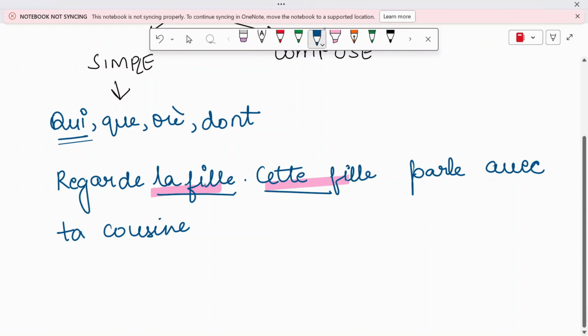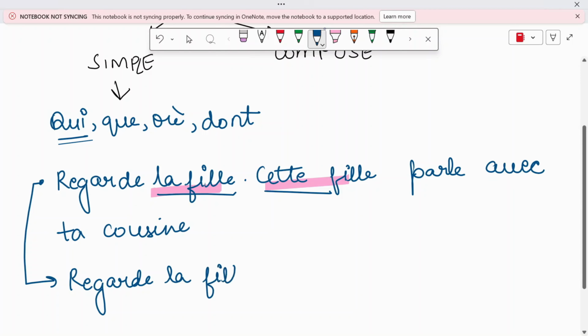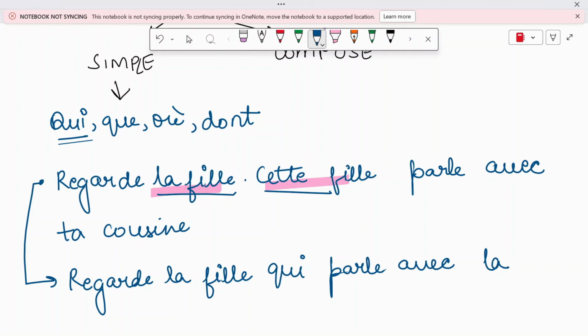So we are going to write regarde la fille. Now the second time we are just going to replace it with qui, who talks, qui parle avec ta cousine.